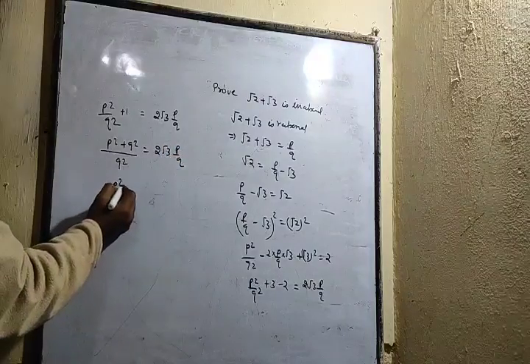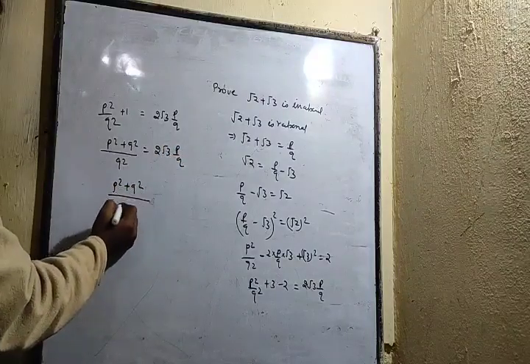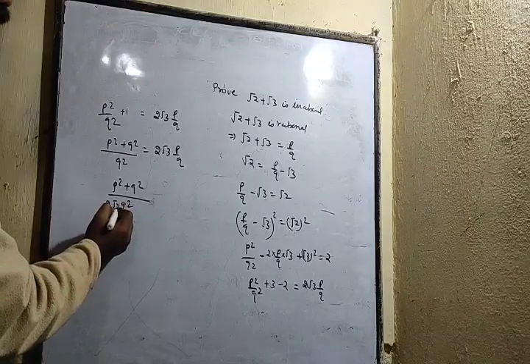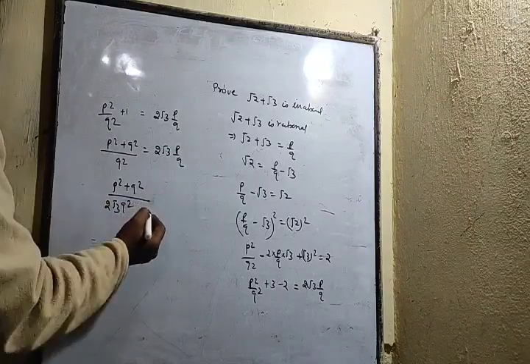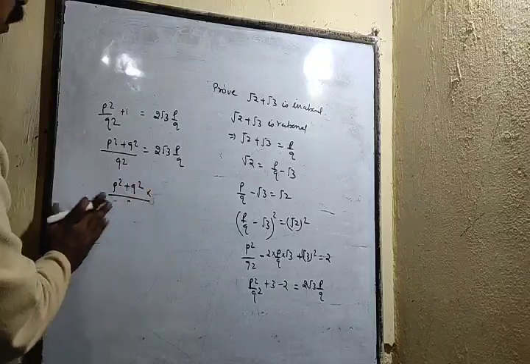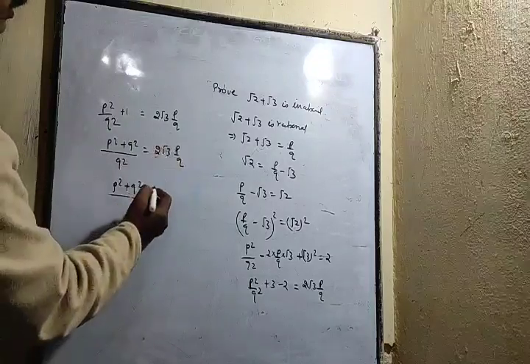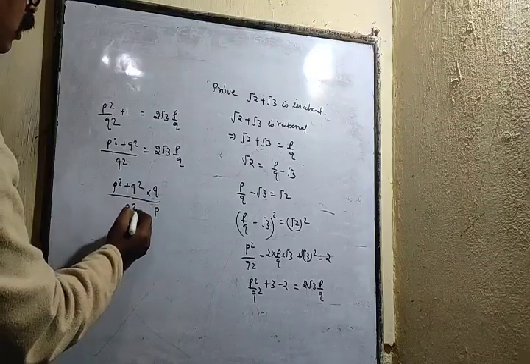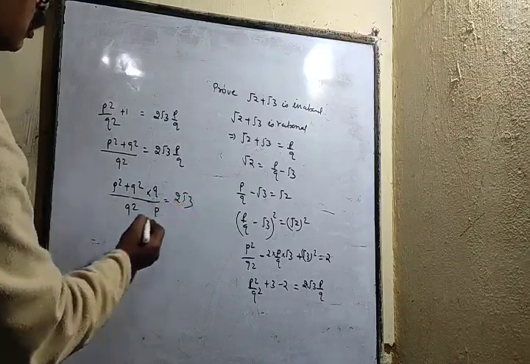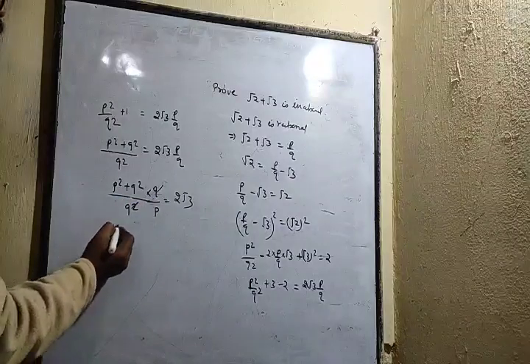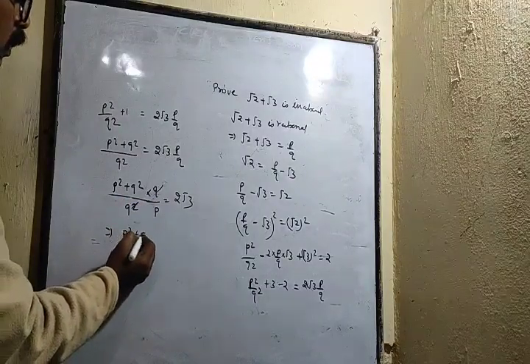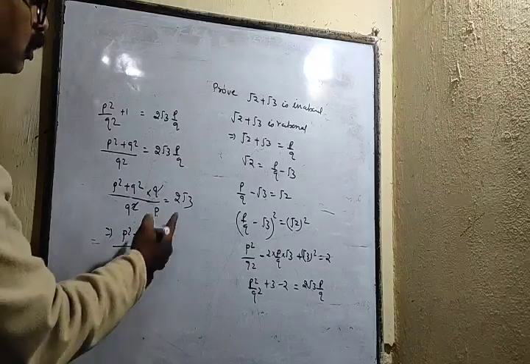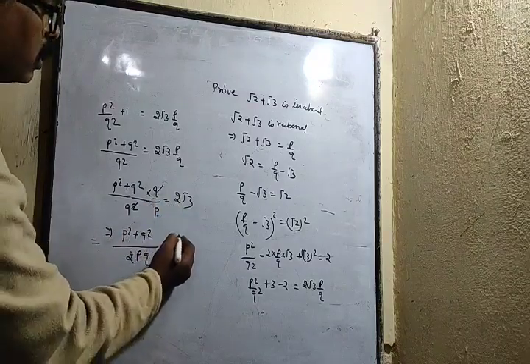So if we write (p square plus q square) by q square, bring this one here, so it will be 2 root 3 pq by q square, and that is equal to 2 root 3. So q will cancel one of the pq, so (p square plus q square) by pq, bring this 2 also here, that is equal to root 3.